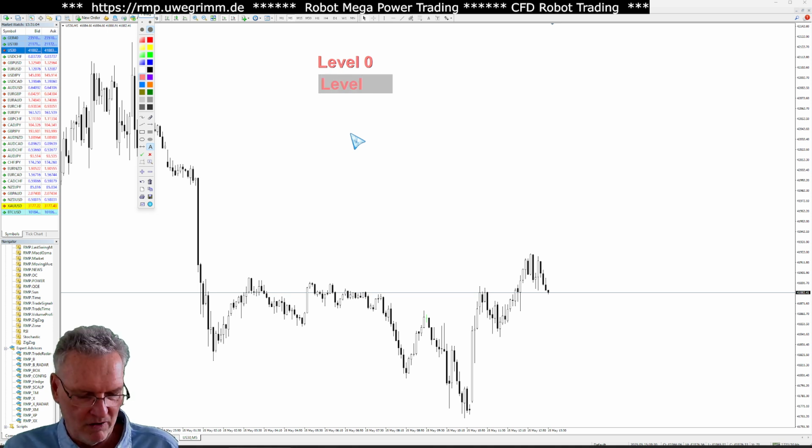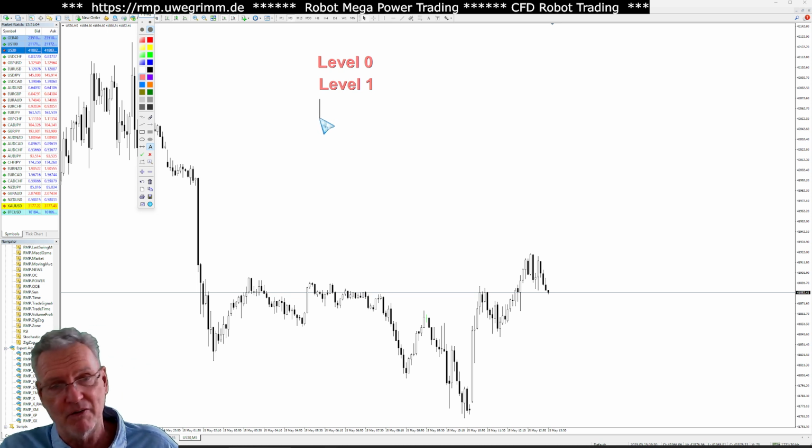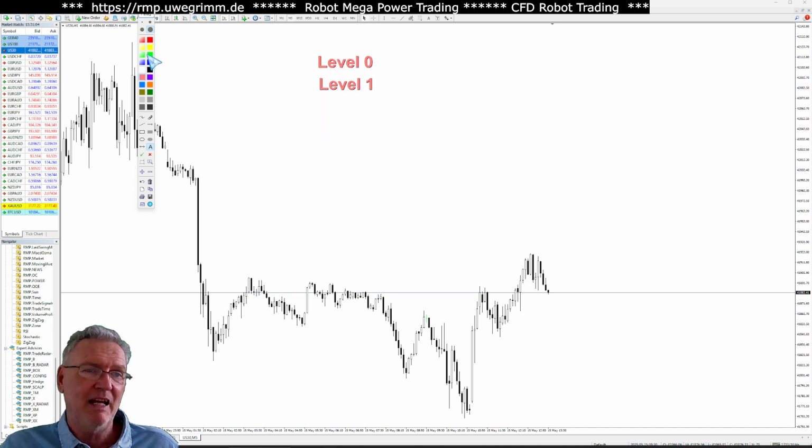Now, level 1 is where we start with the X robots, what I showed you with this stop loss line and take profit, not needed, take profit or not. Yeah. Then we go in level 2.